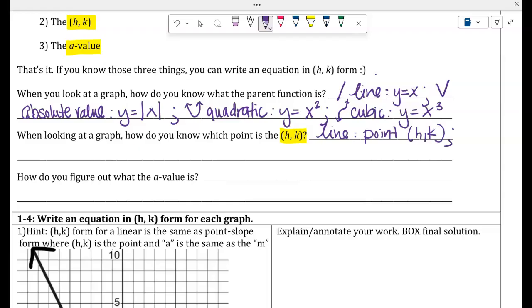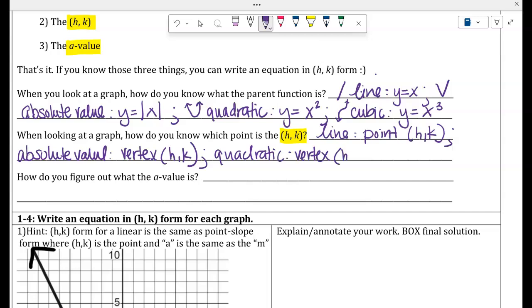Next one, let's go in order, just like the other one. In your absolute value function, your HK will be your vertex. So the vertex is your H comma K. Now in your quadratic, it's also your vertex, which is your HK.